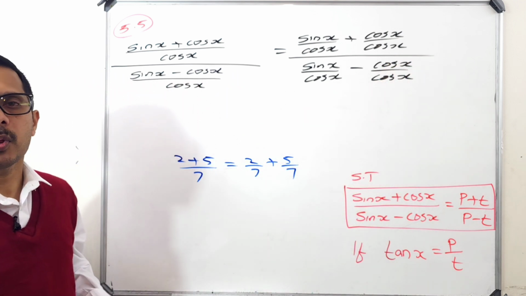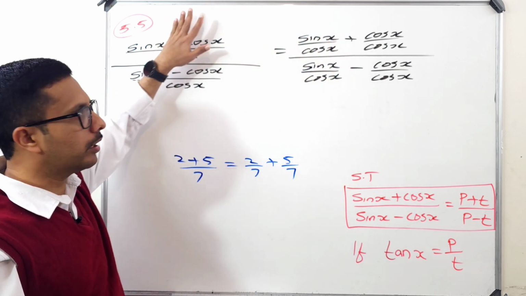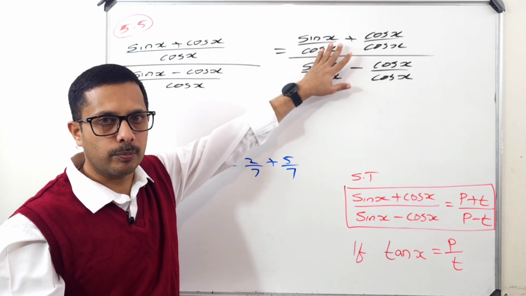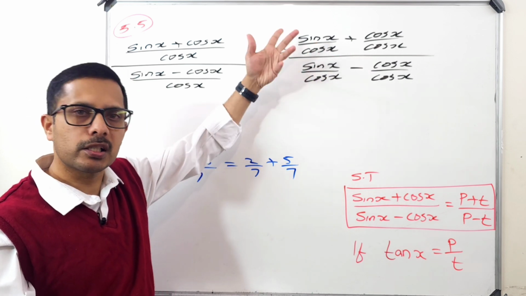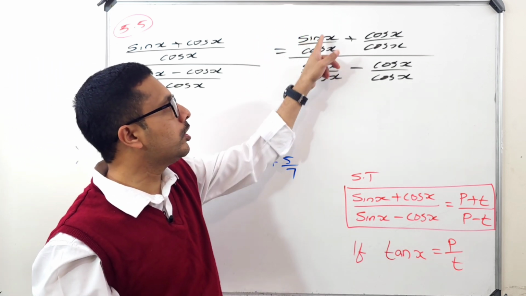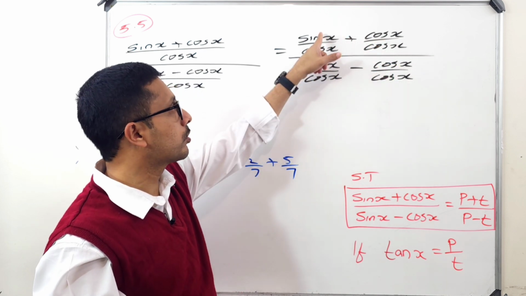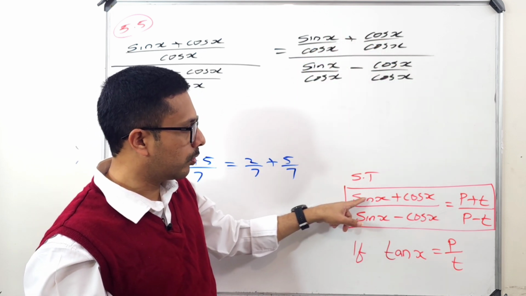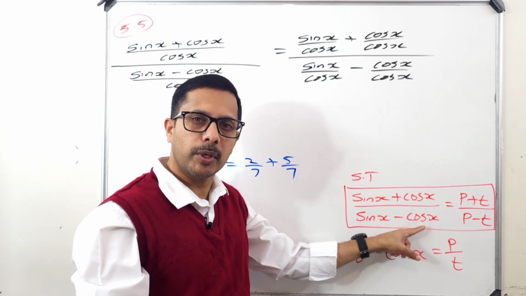So either you can write directly like this or you can start from here and come to this step. If you can understand directly, that is enough. Each term you divide with cos x, you can understand like that also. So this one divided by cos x, this one divided by cos x, this one divided by cos x, this one divided by cos x, like that.